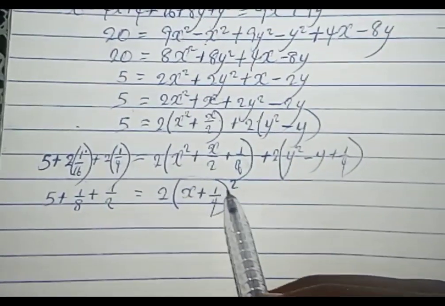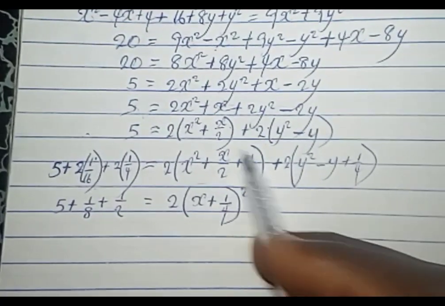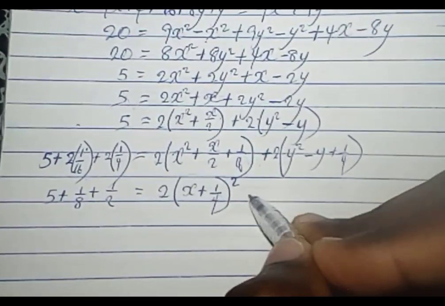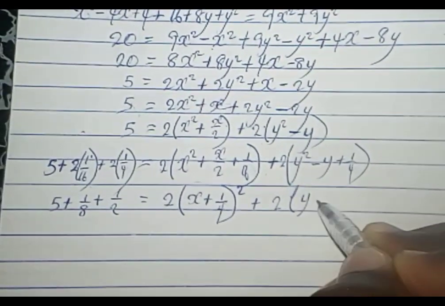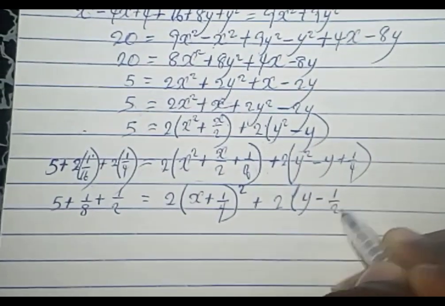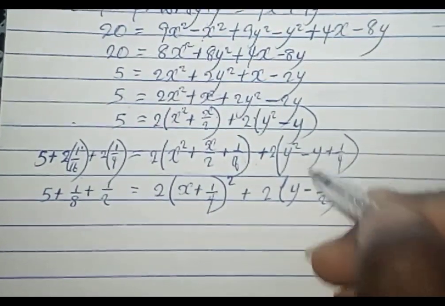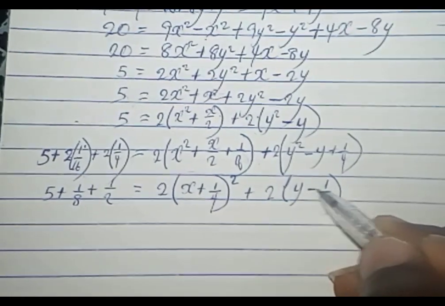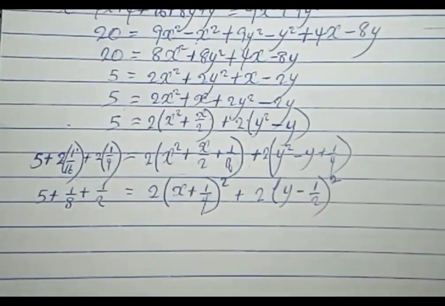If you should expand this, you would have this, and this is plus 2 in bracket y minus 1 over 2. Remember, when we find the coefficient of this, we go minus 1 over 2, and that is why it is minus 1 over 2 and not plus 1 over 2, and this is all squared.